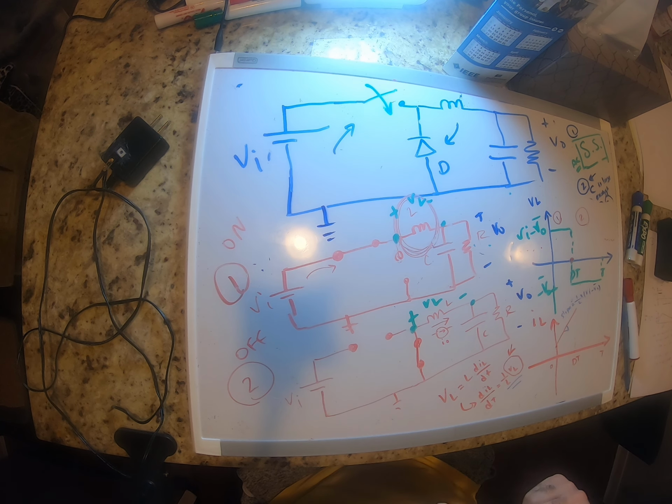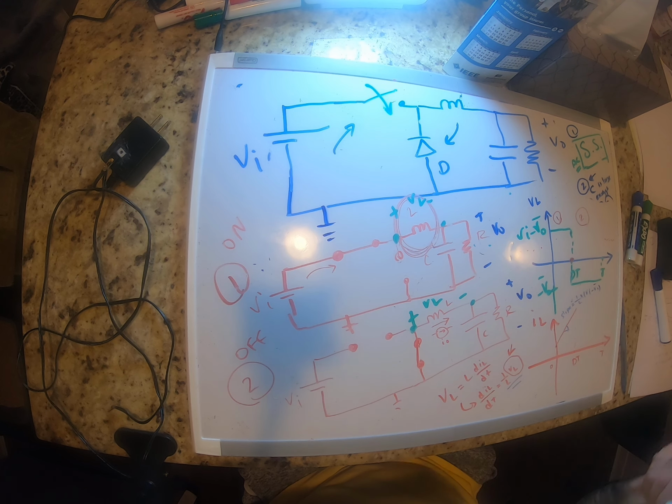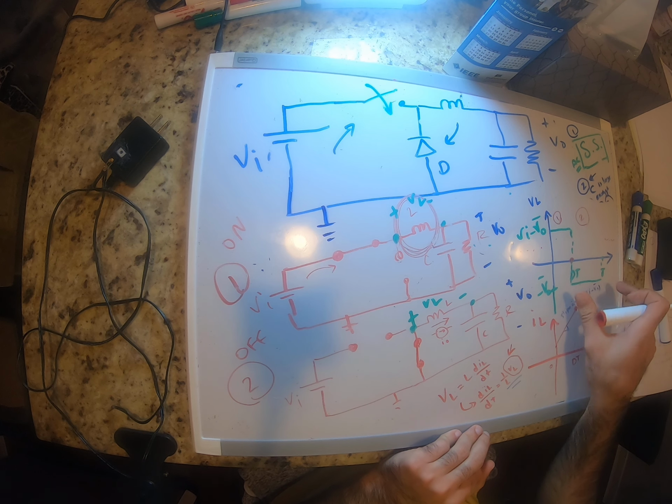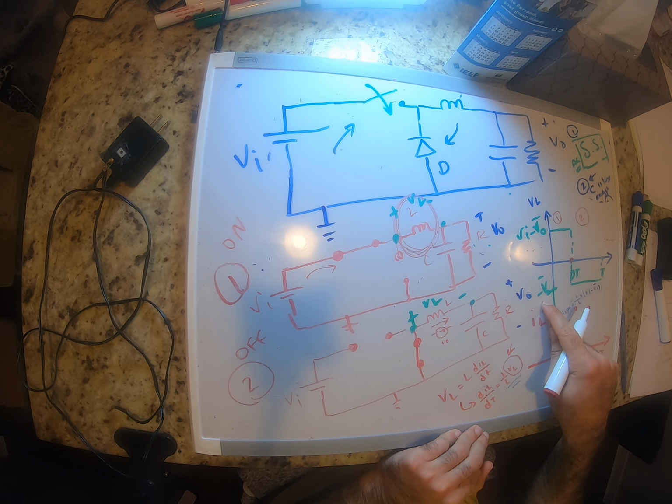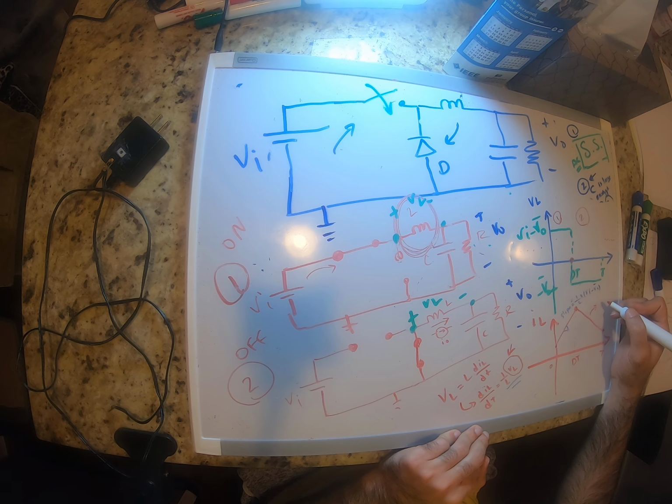And as soon as we open the switch, the voltage across the inductor is now a negative number equal to negative VO. So now the current is going to decrease, again linearly, this time with a negative slope.